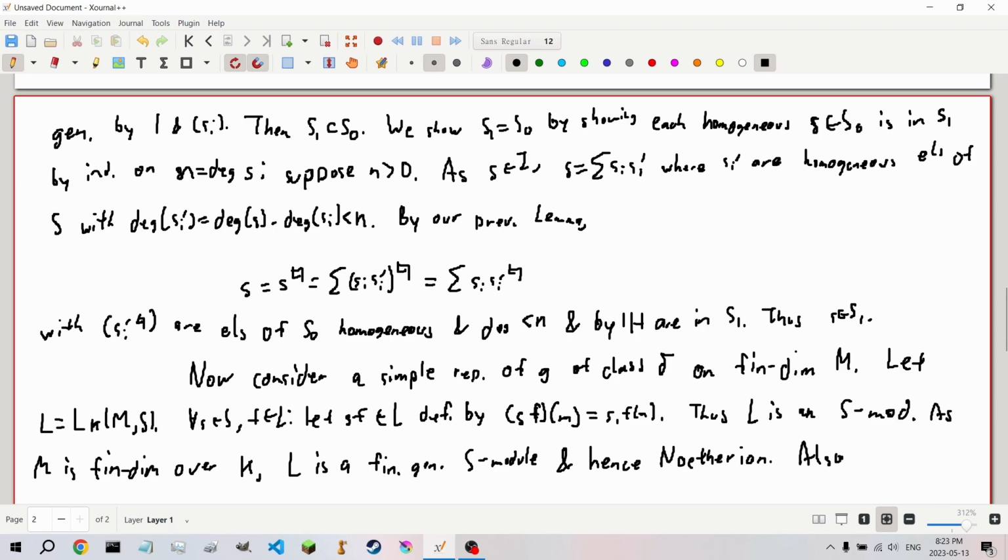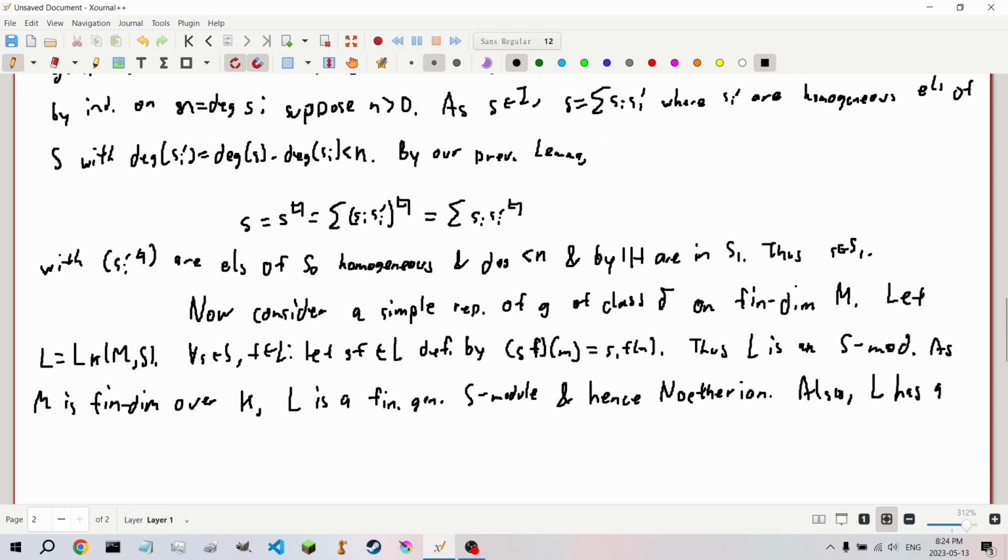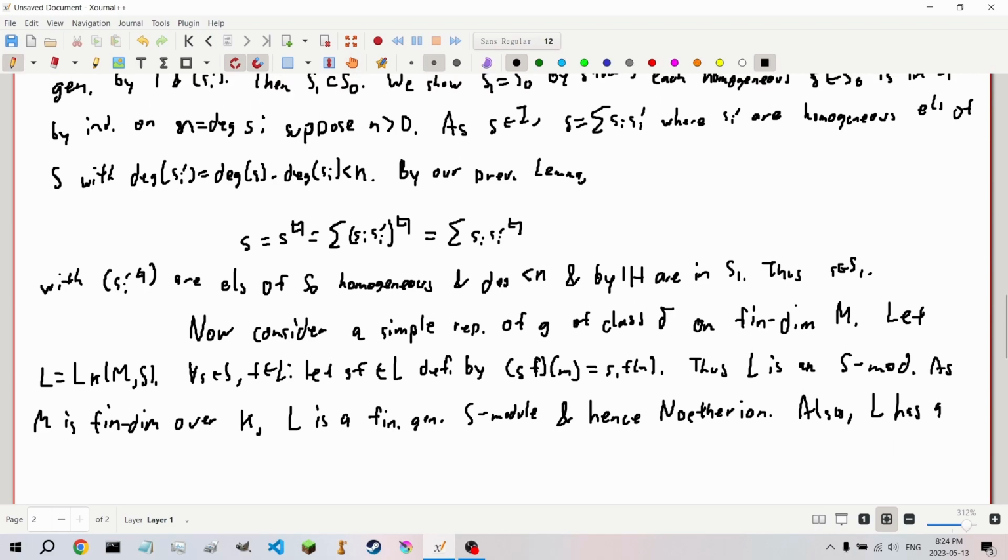We also have that L has a canonical G module structure.